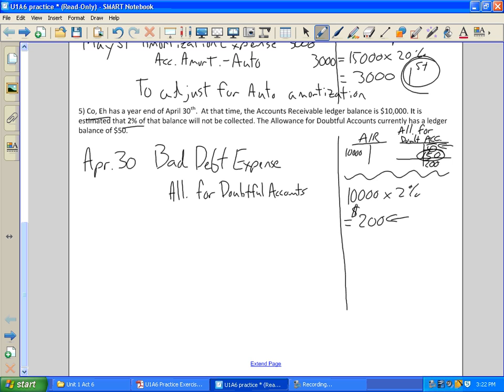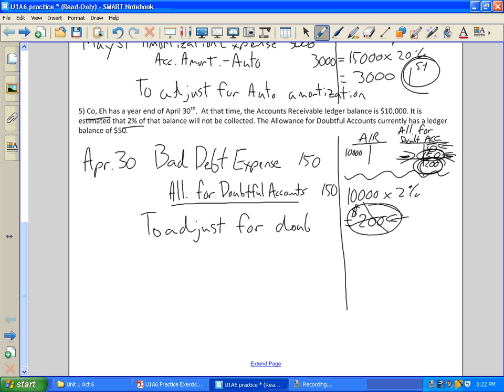Our bad debt expense is going to be not for the 200 we calculated. Don't do that. You're going to take this number here, the 150, to move this account up to that $200 balance, which we want to get it to. Okay? All right. And then you just describe it to adjust for doubtful accounts.